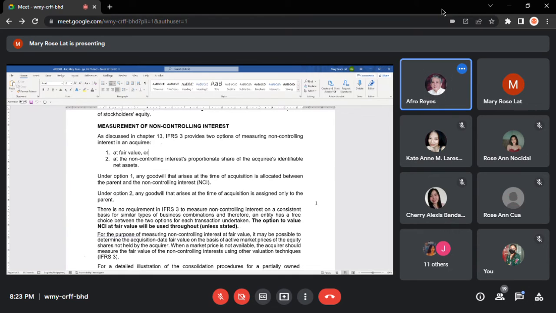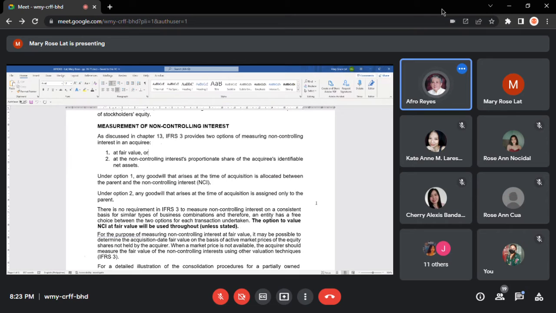Pero in the absence of any indication, or the problem is silent, siyempre ang magagamit natin is the latest or the revised IFRS. So, number 1 ang gagamitin mo. Number 1 ang gagamitin.